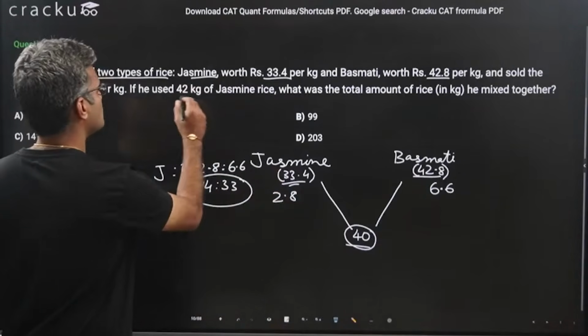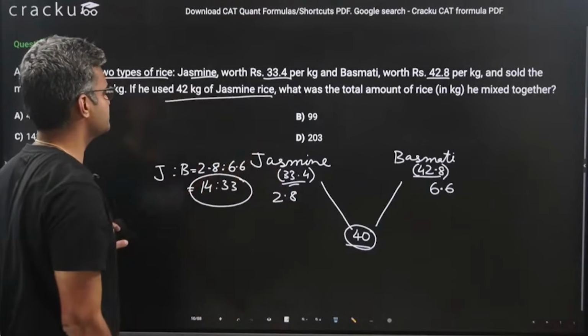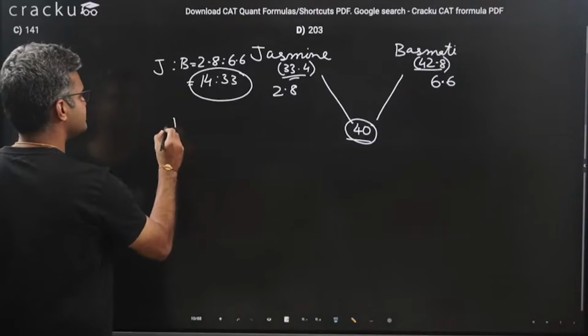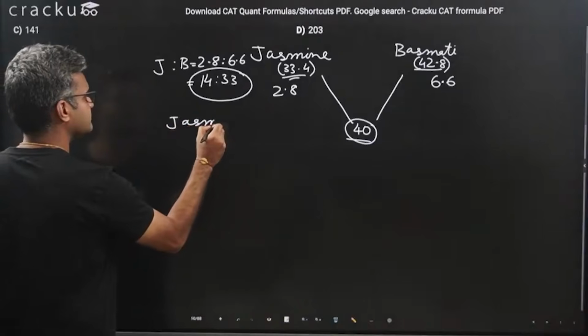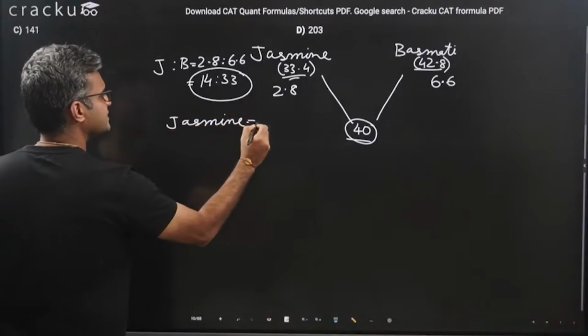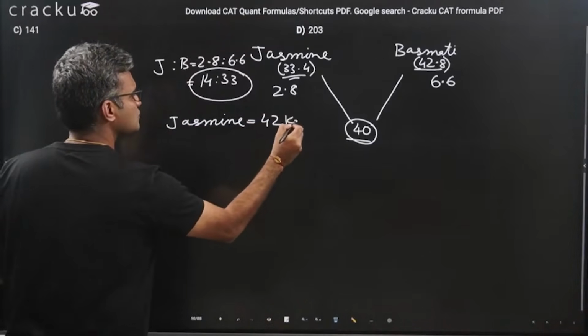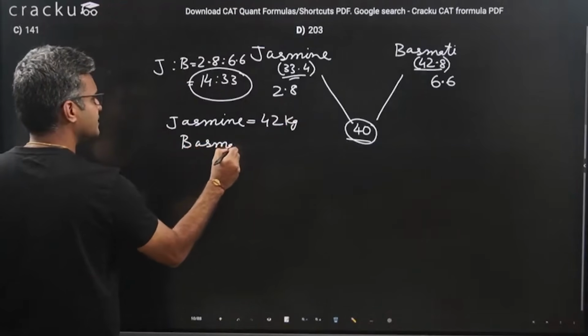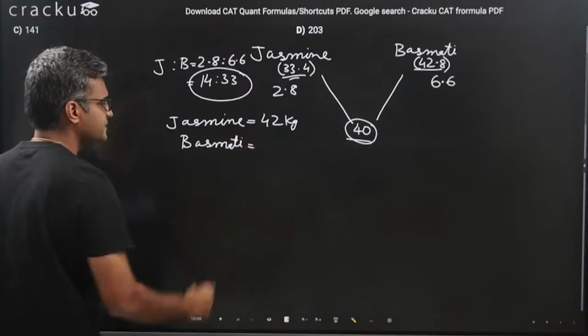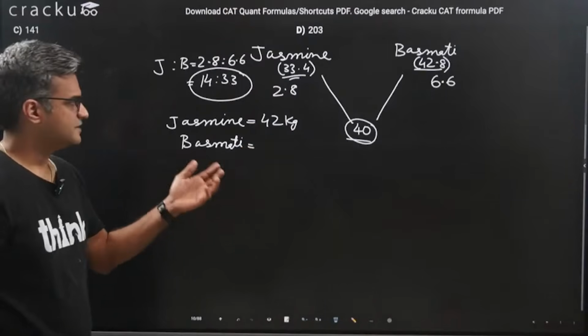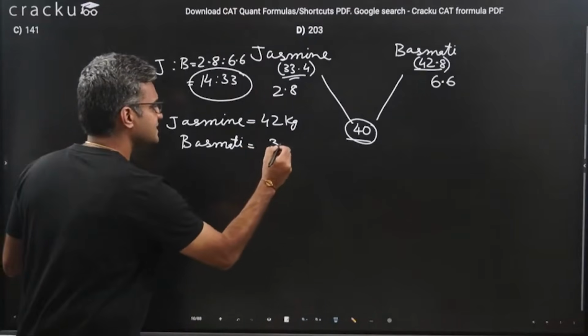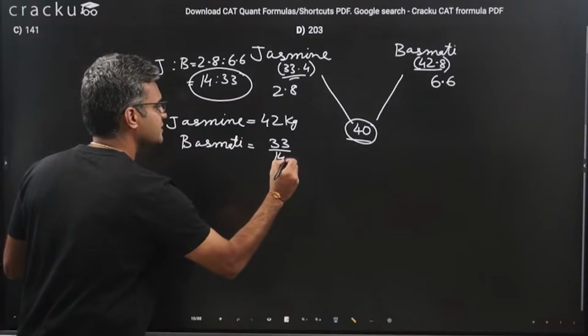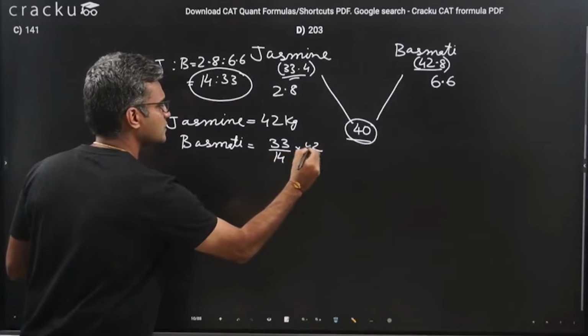And we are told that he sold 42 kgs of Jasmine. So the amount of Jasmine sold is 42 kgs. What is the amount of Basmati that was sold? The ratio we know is 14 is to 33. So if Jasmine is 42 kgs, Basmati will be 33 by 14 into 42.